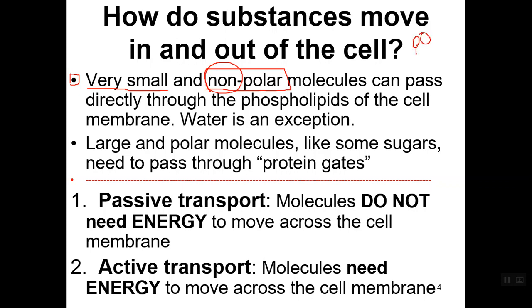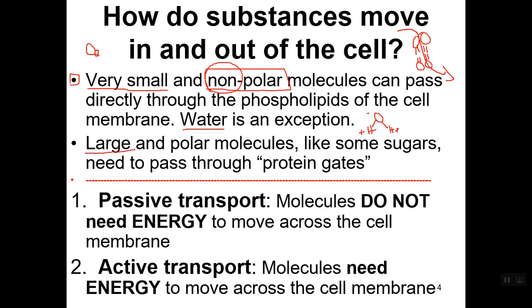So if you have phospholipids, and you're a small non-polar molecule, let's say oxygen, you can fit right through the membrane all on your own. The one exception to this rule is water. Water is so small that it actually can still fit, even though it's polar.